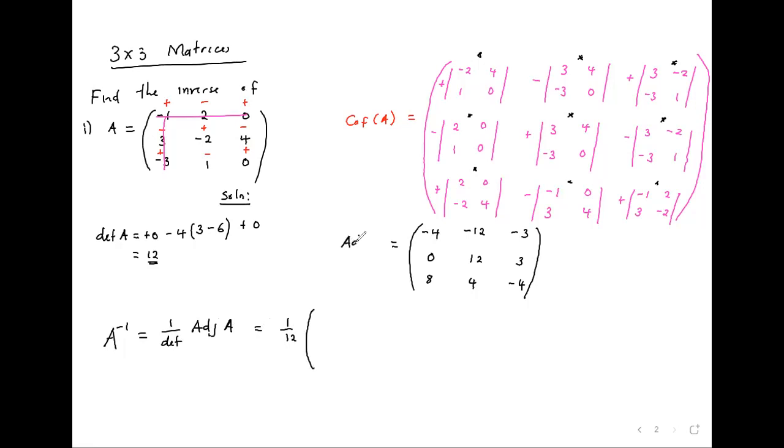To get adjoint A, you transpose this. So you have -4, -12, -3. To transpose is to switch. What were rows, they become columns. 0, 12, 3, 8, 4, -4.